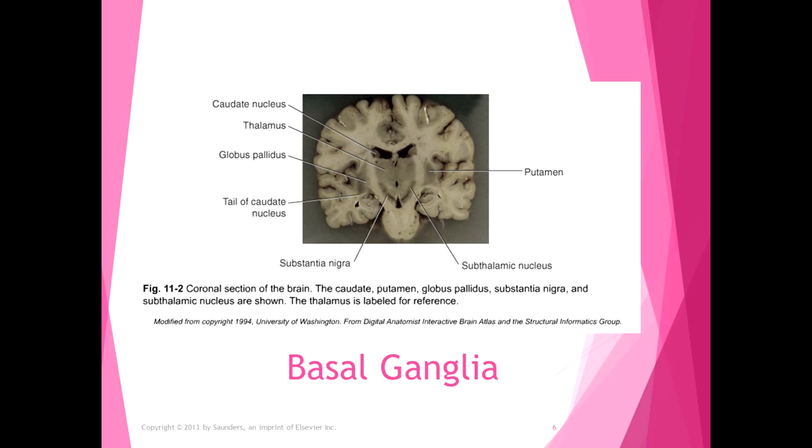So this is just a little cross section, a coronal section of a brain, and the dark part, the sort of dark little V right in the middle, is called the substantia nigra, short for substantia nigra pars compacta, and basically it means dark area, dark substance. So that dark substance is where the dopamine is being produced.